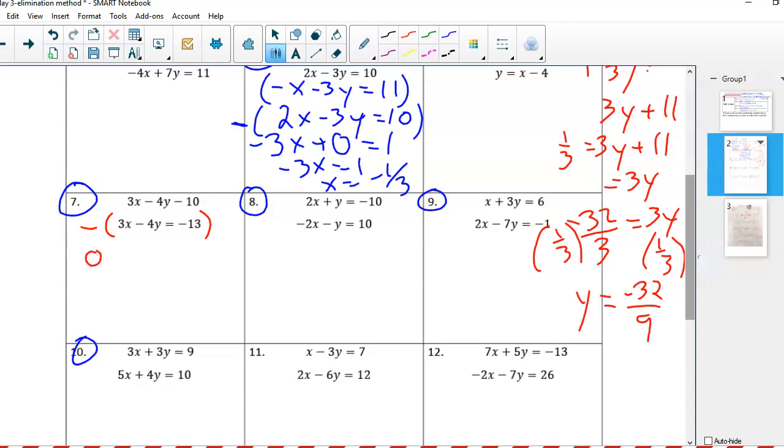Negative 4 minus negative 4 is 0. It's still 0. Negative 10 minus negative 13 is 3. So really we have 0 equals 3. What does that mean? No solution.